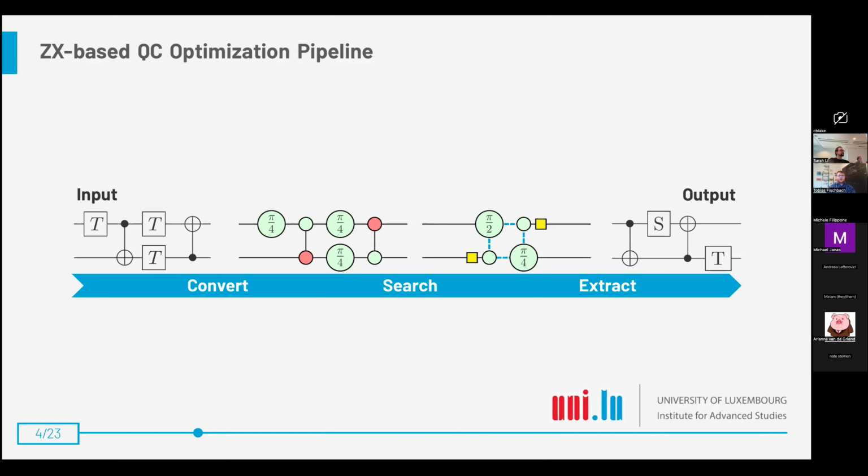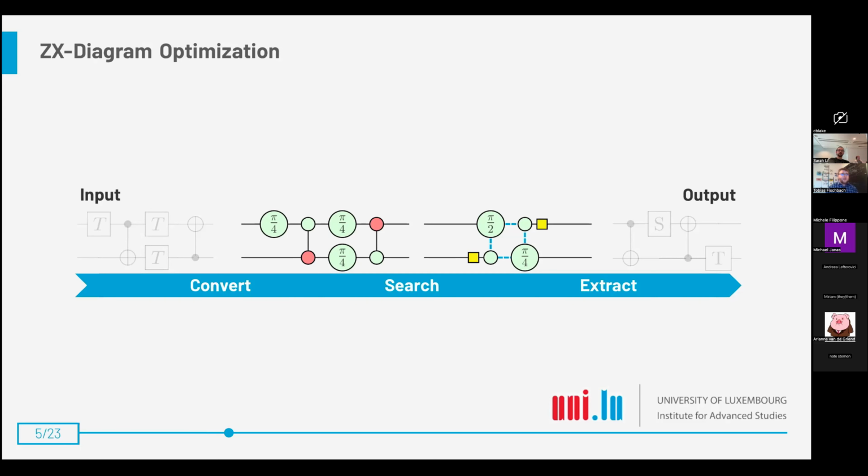Also, there are optimization strategies where you try to optimize, for example, the edge count at the ZX diagram level, with the goal to, in the end, optimize the two-qubit count during circuit extraction. So, in the beginning, let's focus on the search stage of this optimization pipeline.